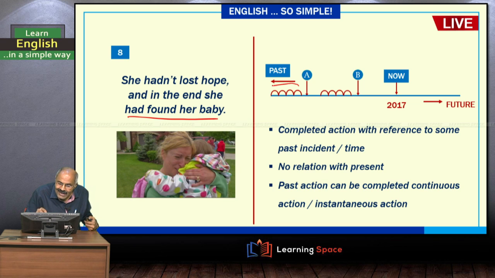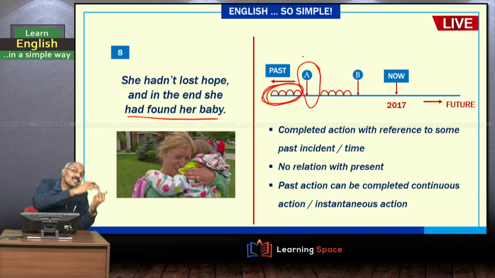For quite some time she searched for the baby without losing hope, and subsequently she found her baby. So, finding the baby is the next action; searching for the baby was the previous action. The previous action will take past perfect and the subsequent action will take simple past. So, she had not lost hope and in the end she found her baby.